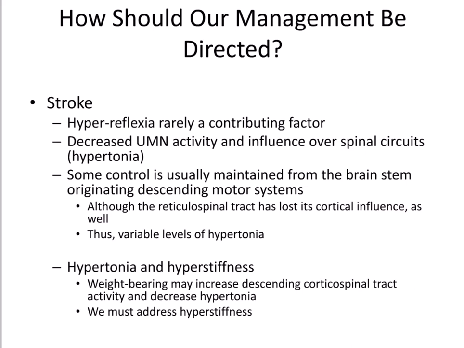If you have a patient with hypertonia, one suggested treatment is weight-bearing activities to help decrease the tone. However, if the patient also presents with hyperstiffness due to immobilization of a limb, we must also address that hyperstiffness at the level of the muscle.